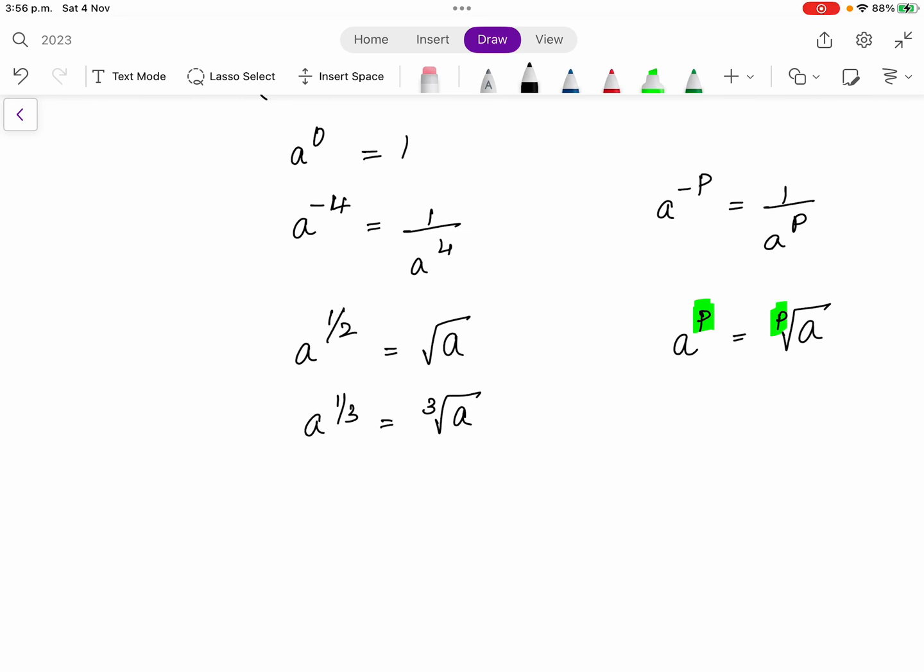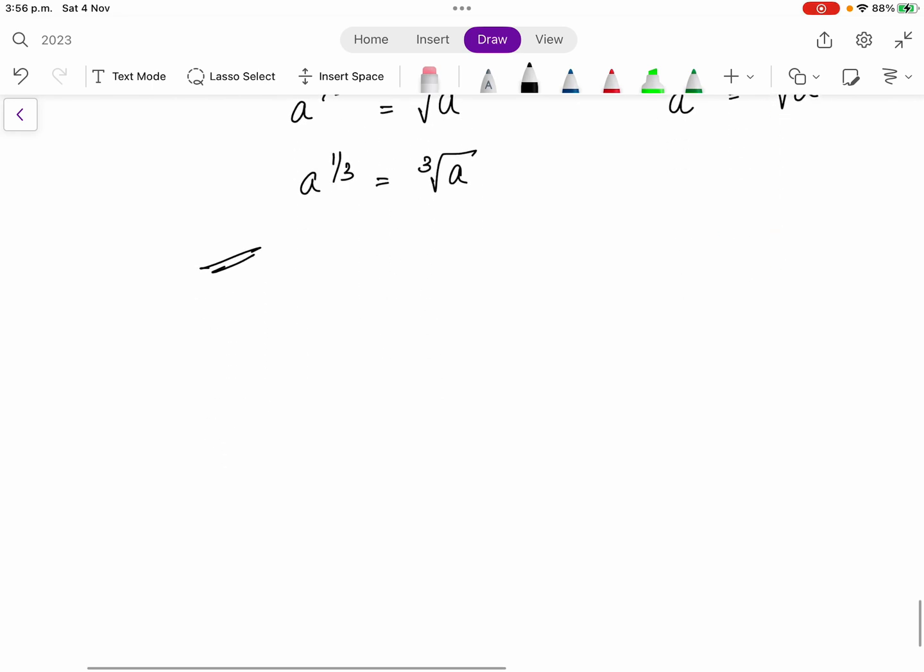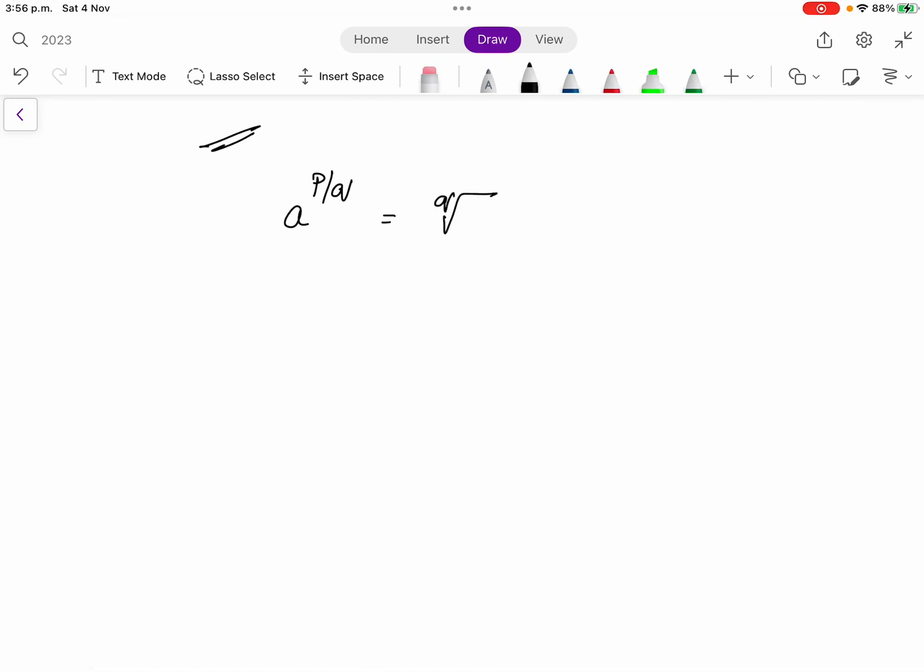Another one, which is a little tricky and which you will have to learn: a to the power of p over q can be written as the qth root of a to the power of p. Let's understand this. The q will come here near the root sign, and the p will come as the power.